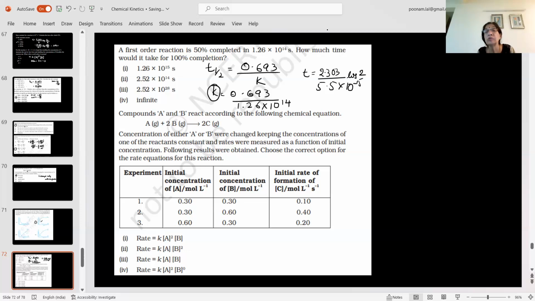Do the calculation while I am doing it also. 2.303 into log, 0.6, divided by 5.5.